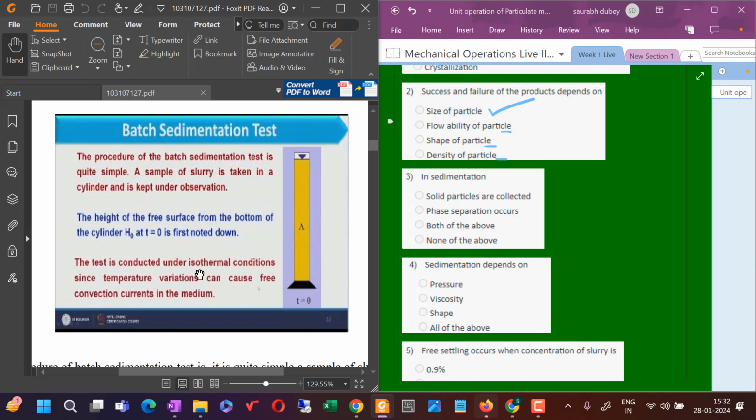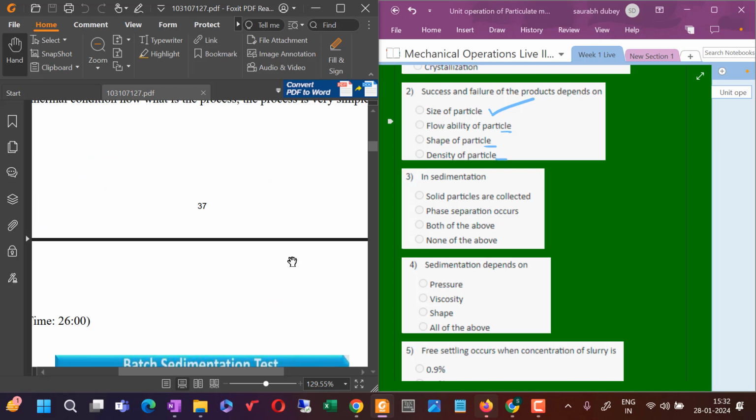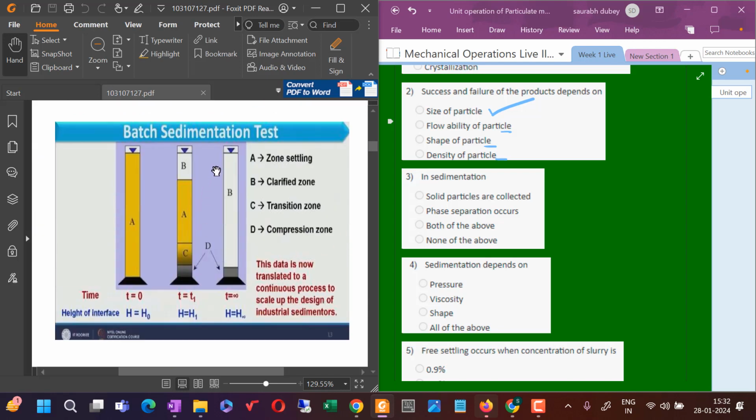The test is conducted under isothermal conditions because temperature also plays a role, as various properties depend on temperature, like viscosity, density, and at the same time the surface tension. And then this sedimentation will have these different zones: zone settling, clarified zone, transition zone, and the compression zone.